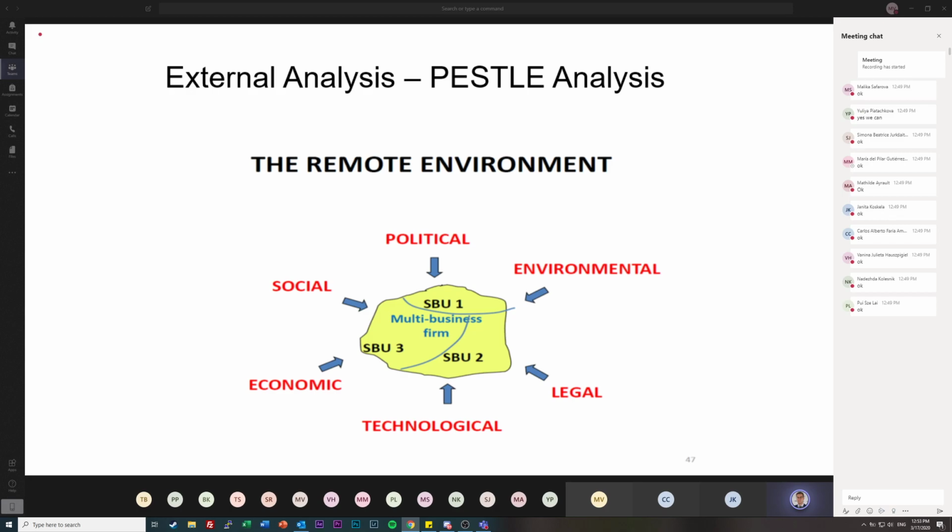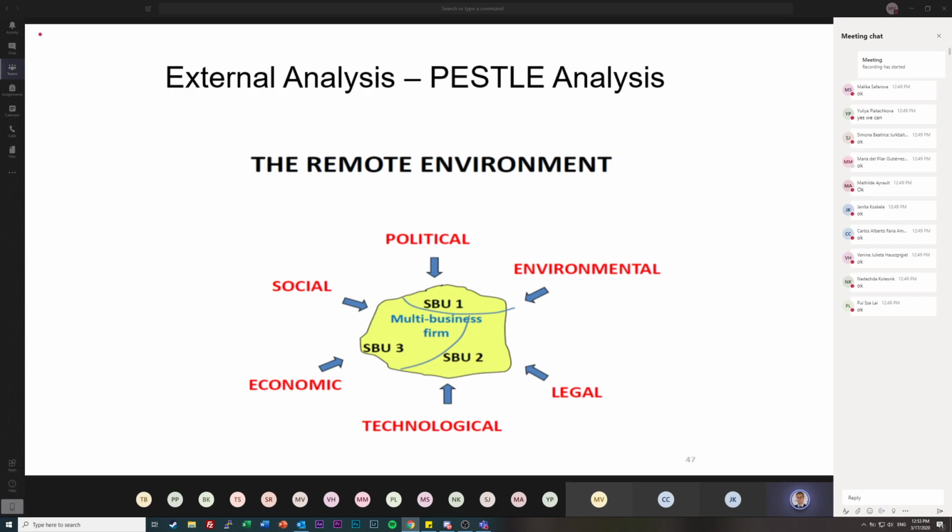Let's do a small exercise. Could all of you type into the conversation one example of a political factor that could be relevant for the university? Imagine that we would like to do this PESTEL analysis for the university.